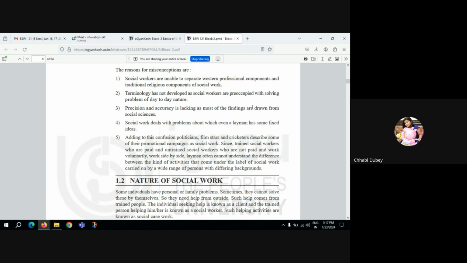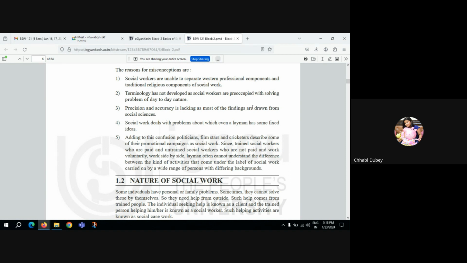Most of the problems that the social workers are dealing with are social in nature. They could be related to substance abuse, domestic violence, social discrimination based on different aspects, unemployment and poverty, and so on and so forth.